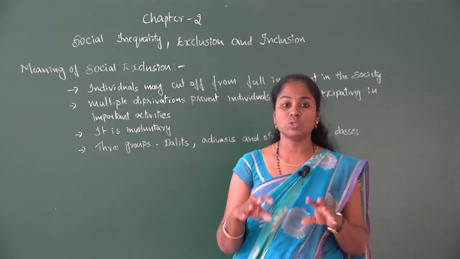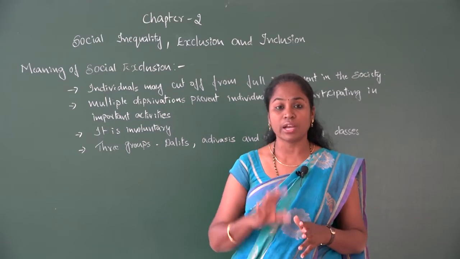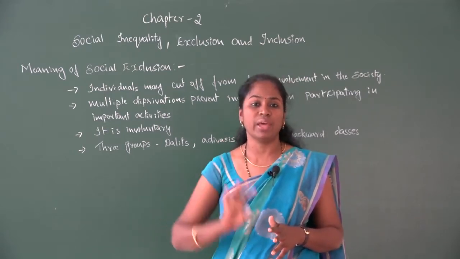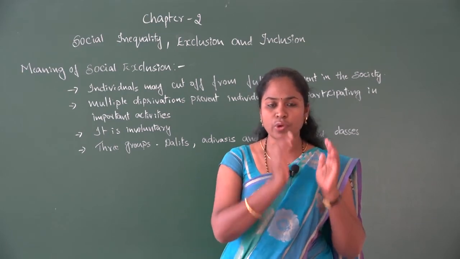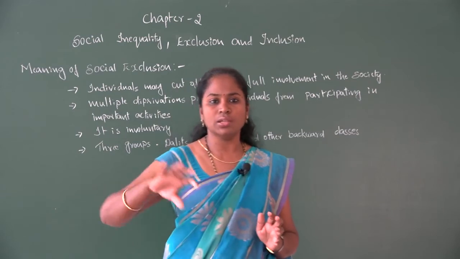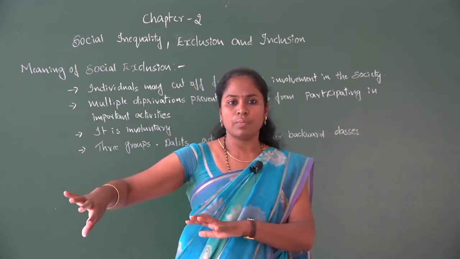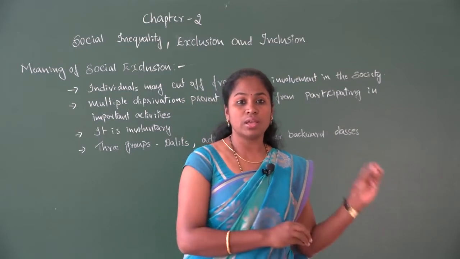They are not supposed to participate in any activities in the society. Some activities have been prohibited for them in some of the groups. It is reserved for one particular group or one particular individual, so all other members are kept away from that particular group. That is called exclusion.